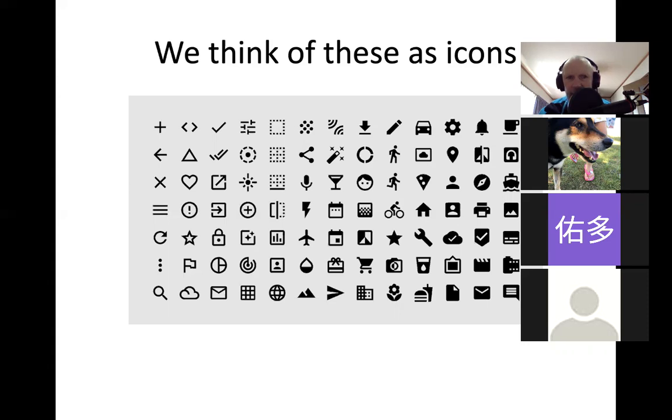You can see there are various little pictures, and you think, well, they mean something. You can probably get the idea of what they mean. If you see that on your computer screen, it's going to mean something. Any kind of little picture on a computer screen, we think of as an icon.